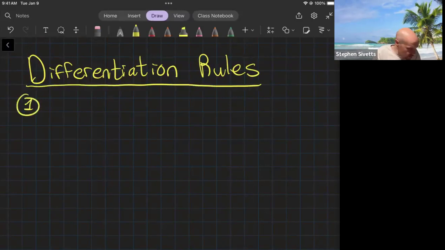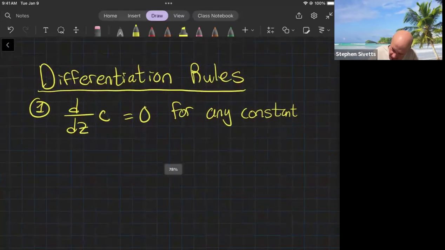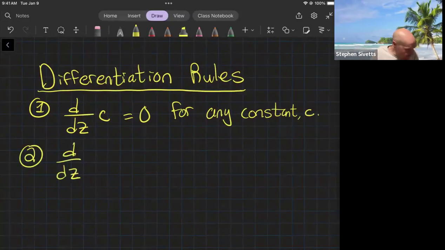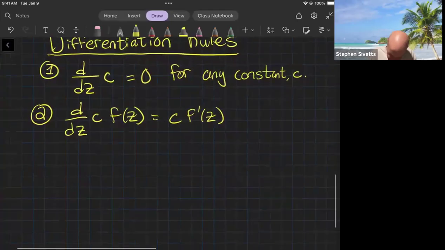If I take the derivative with respect to z of a constant c, this will always be 0. The second: a constant times a complex function f equals c times f prime of z.